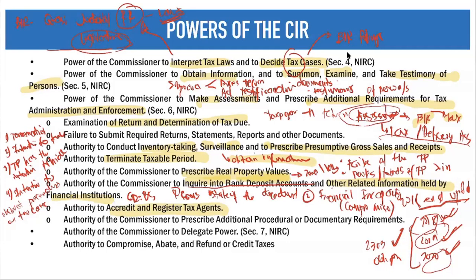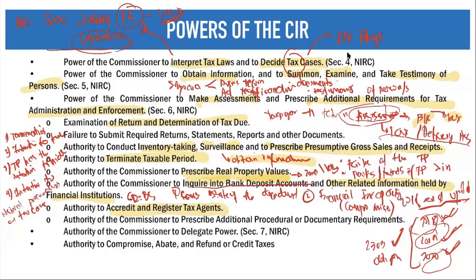Is that final and executory? Meaning, can I not appeal it? Okay, so for example, you want to become a tax agent and the BIR did not accredit you or did not register you as a tax agent. Is that final? No, you can appeal it, of course.